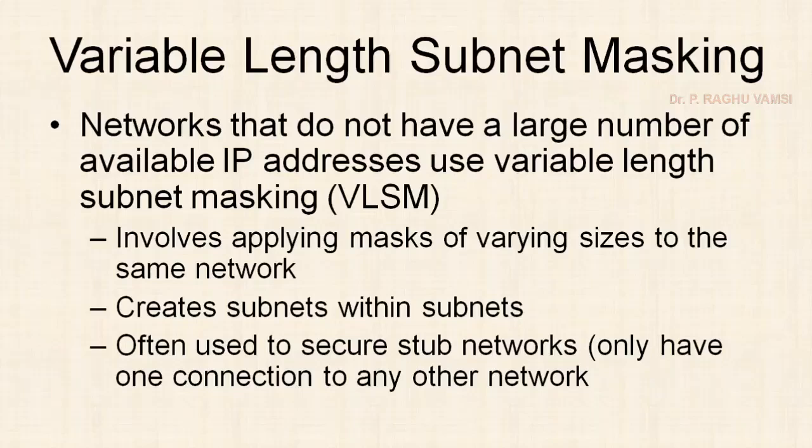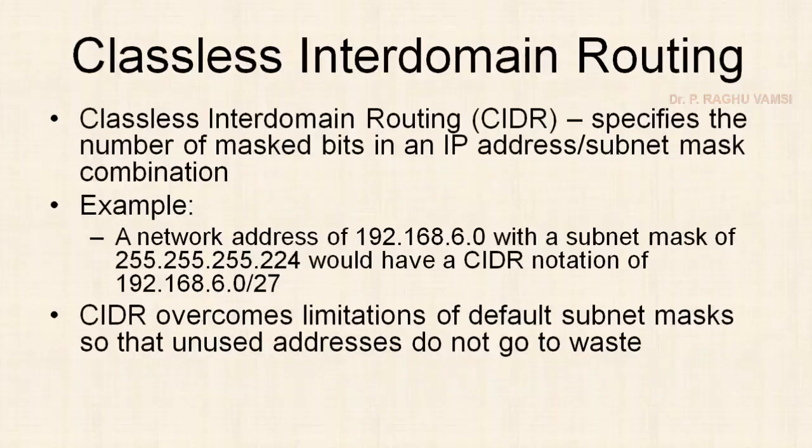It creates subnets within the subnets, often used to secure the stub network once connected to any other network. However, we are not concerned about this at present. We are only dealing with general subnet masking in our entire course.